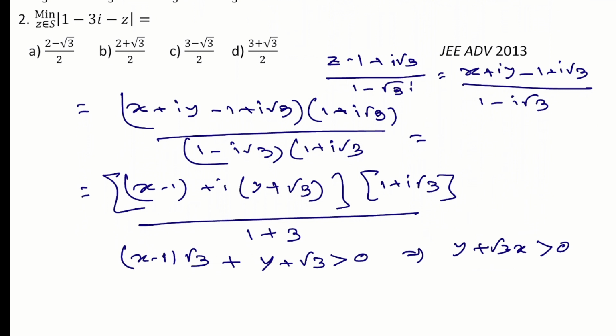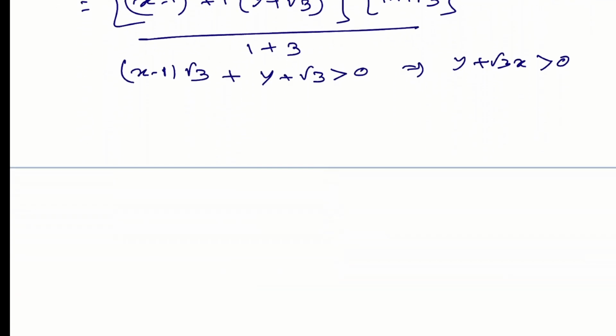Let us draw first. Let's draw one axis. I am drawing in some other place. Where we are getting y equal to minus root 3 x, it is this, the slope is negative, and we need the common intersection.